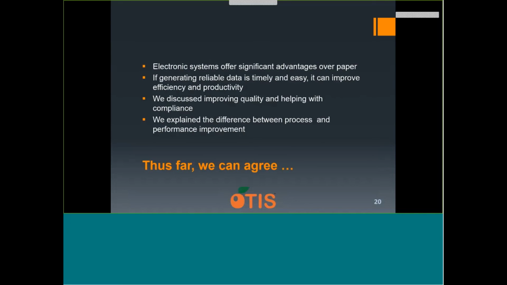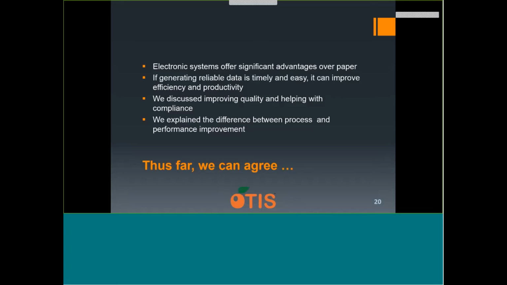Thus far, I think we can agree that electronic systems offer significant advantages over paper. Again, it's faster, it's more efficient, and turnaround time from start to end is quicker.